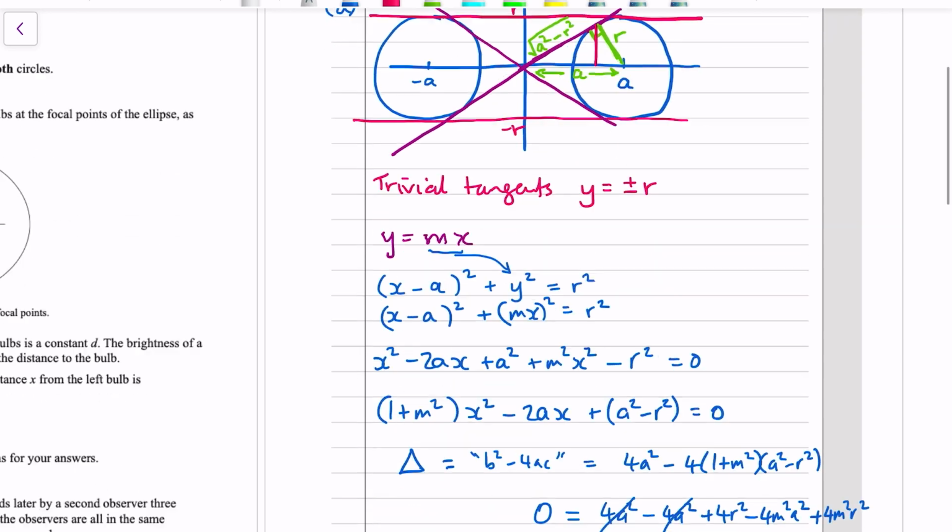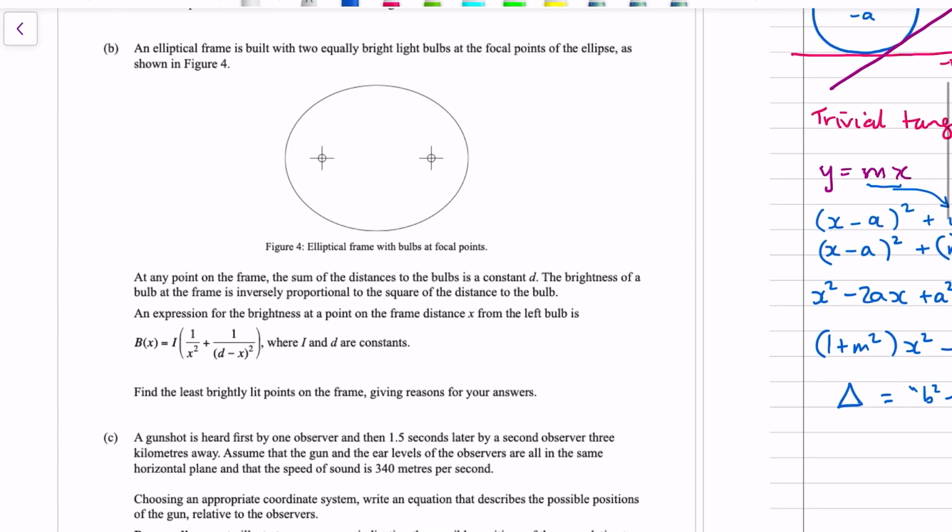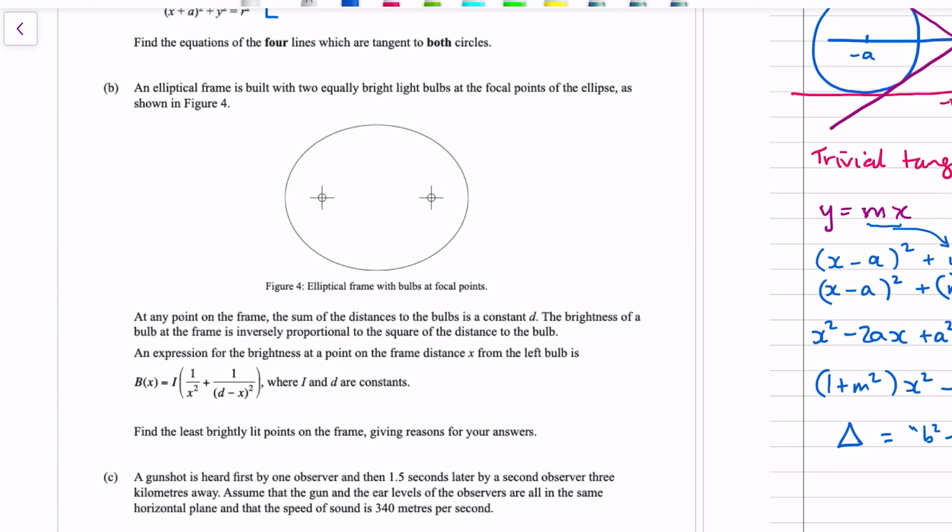Similar triangles. Okay, part B, we've got this elliptical frame being built with equally bright light bulbs at the focal points of the ellipse, and it tells us in the question, although you are probably expected to know this, to be honest, it's one of the properties of an ellipse, the sum of the distances to the bulbs is a constant d.